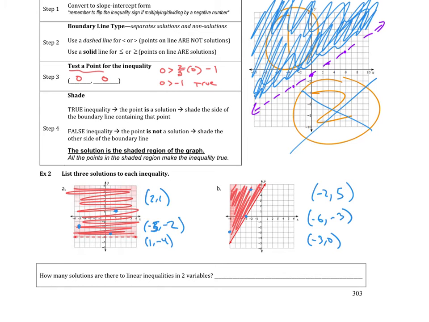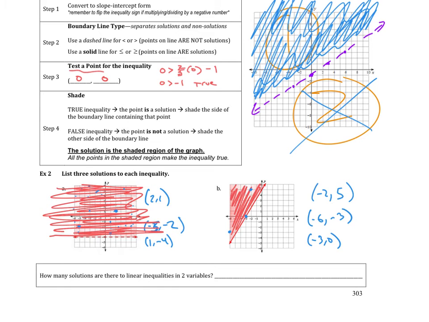So when it says how many solutions are there to linear inequalities, well, how many points could I have picked? Well, an infinite number of points, right? All those points that are shaded, but really even that shading continues on forever and ever outside the coordinate grid too, right? It's any value that's above that dotted line, any point.